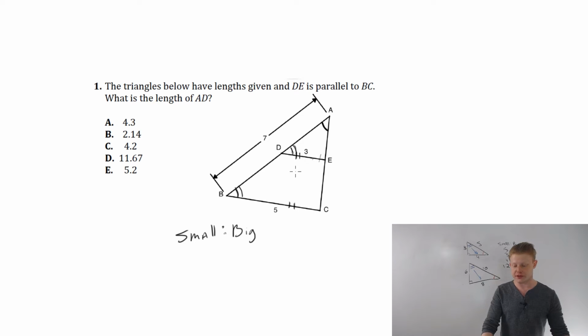So I know that this DE and this BC are comparable, right? They're corresponding sides, 3 to 5. My next line is going to have the thing I know and the thing I don't know. I'm looking for AD. What corresponds to AD? 7, and then this is X.